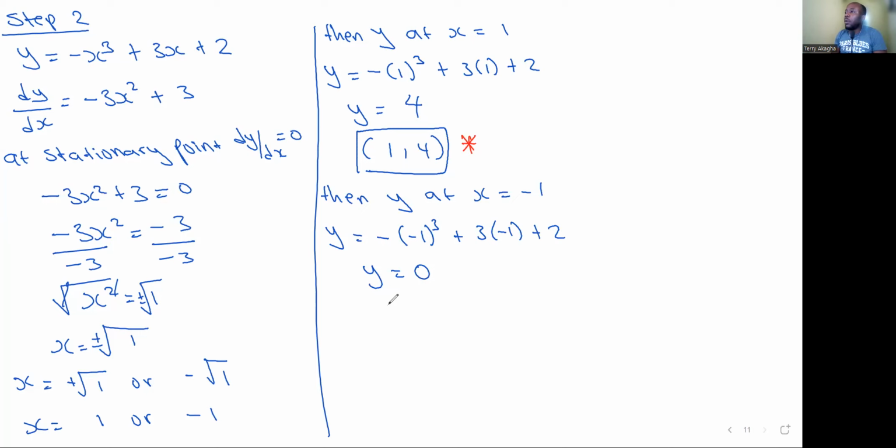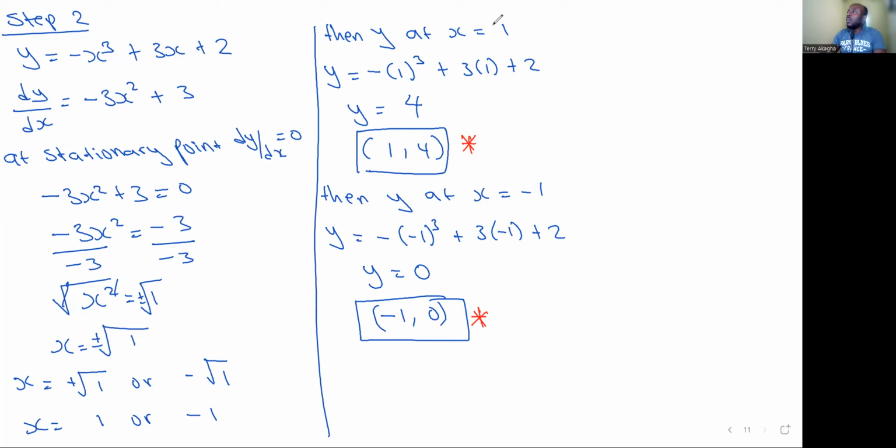So when x is minus 1, y is what? 0. And that will be the second stationary point. So from this we can say that this has 2 stationary points.